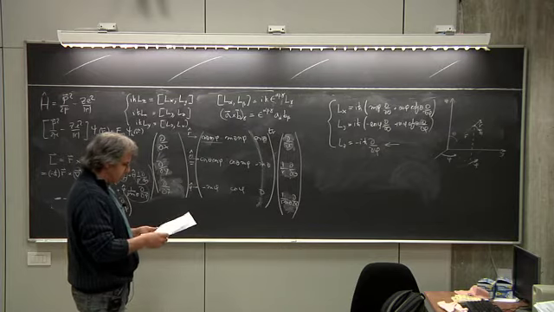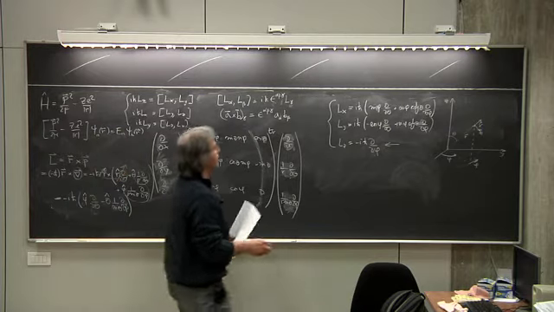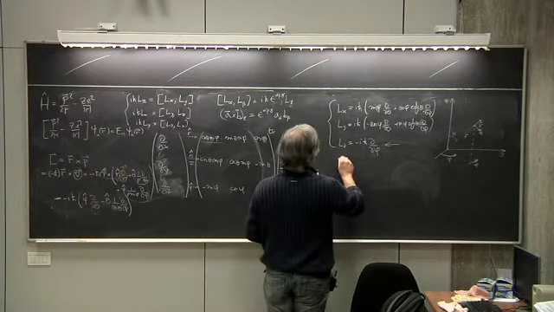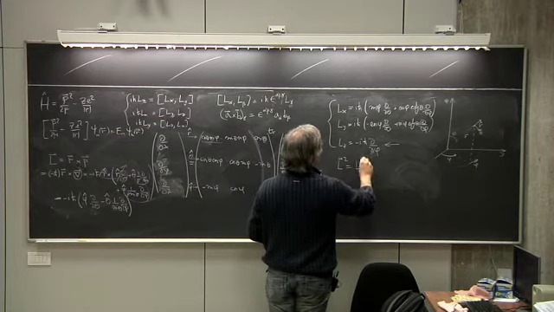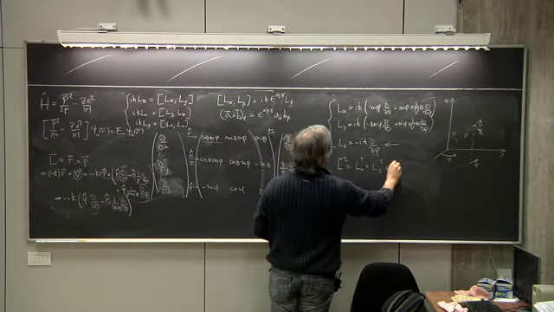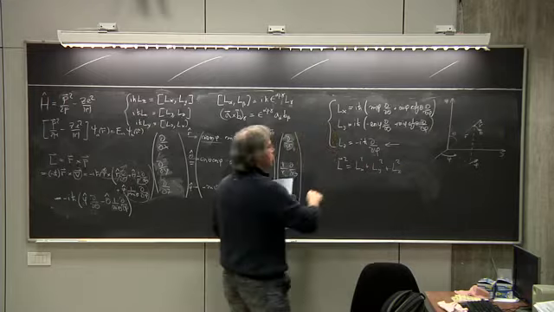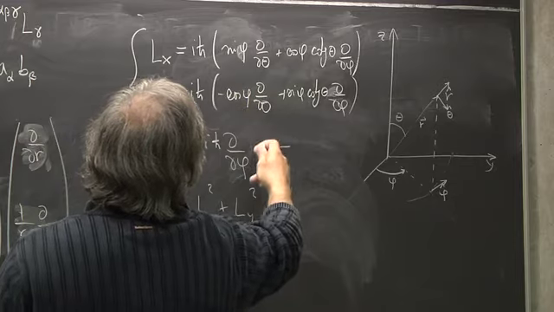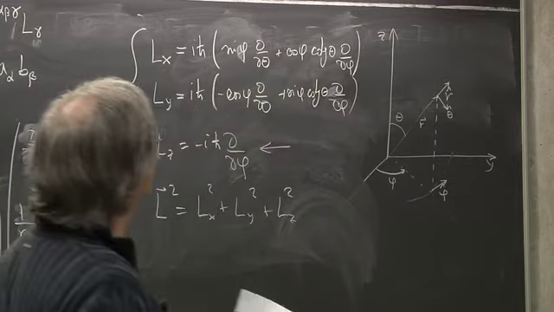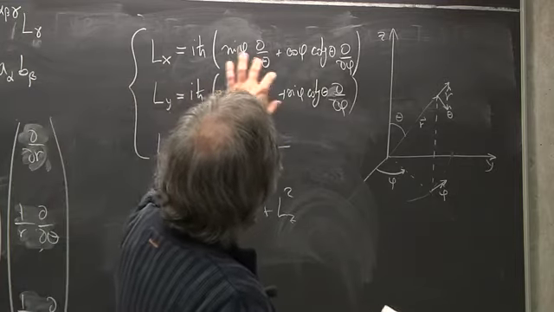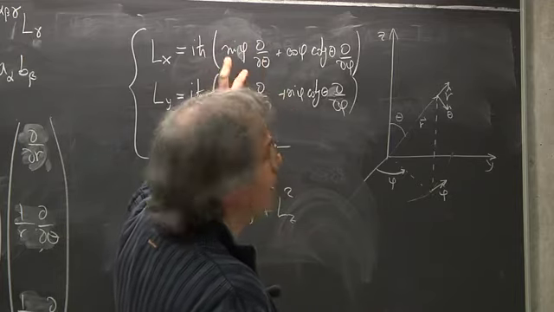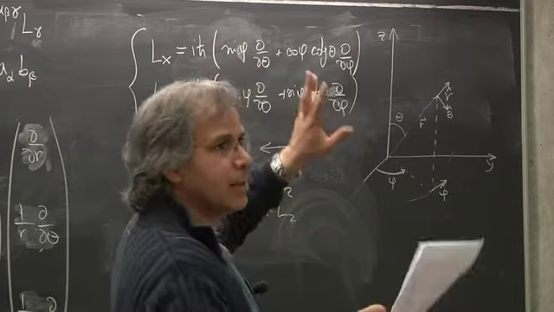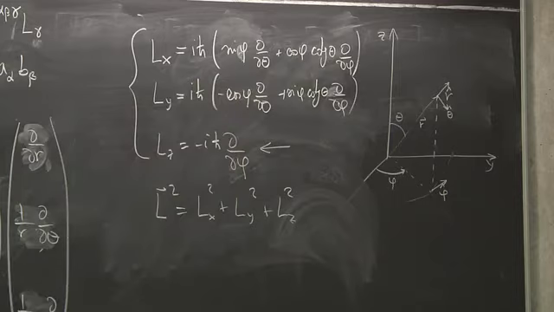Okay, another important object that you can construct is the square of L. So Lx square plus Ly square plus Lz square. This is an operator again. The square of this plus the square of this plus the square of this. You have to be careful, obviously, in squaring those things because there are derivatives and therefore you have to account for them properly.